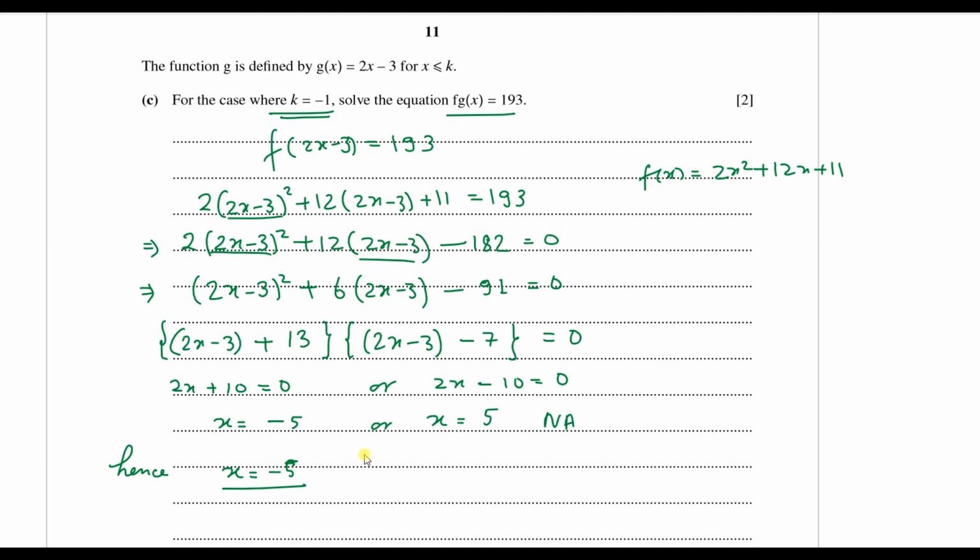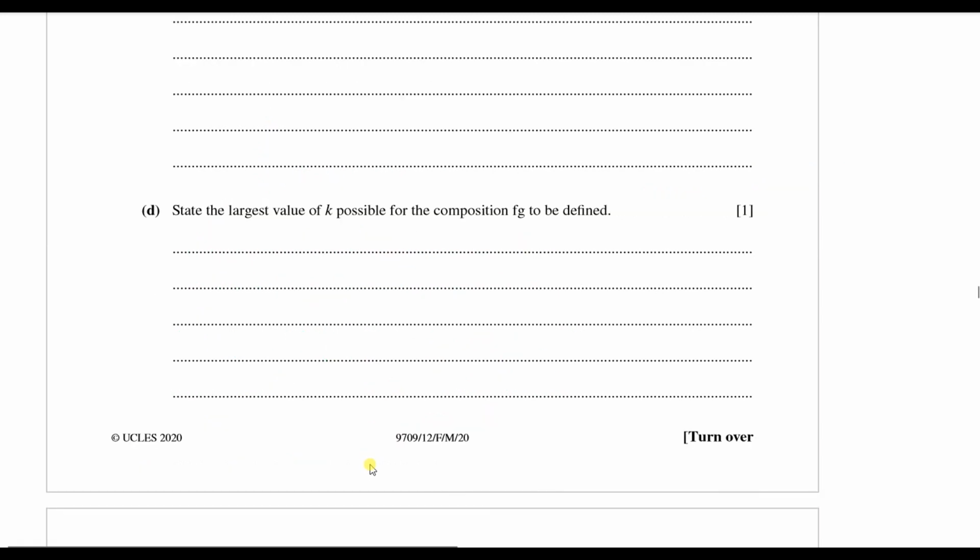So the last part of this question: state the largest value of k possible for the composite function fg to be defined. See, f was defined for x less than or equal to -4, and g was defined for x less than or equal to k.